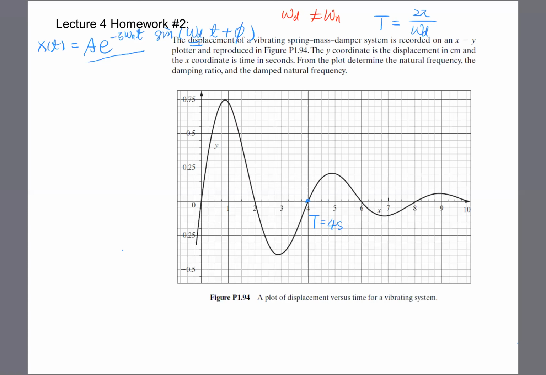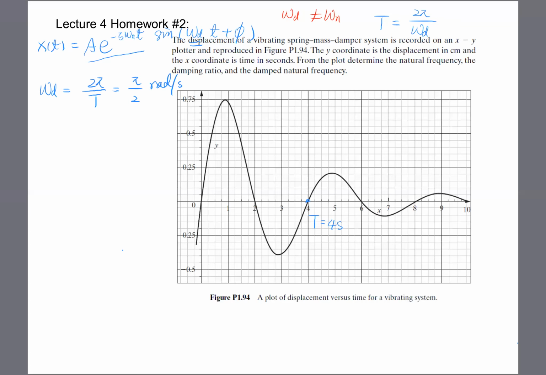And then you have omega d equals to, sorry, that should be the opposite, it should be 2 pi over T. We can plug this number 4 seconds back in and it becomes half pi radian per second.